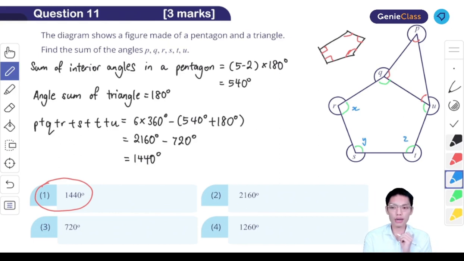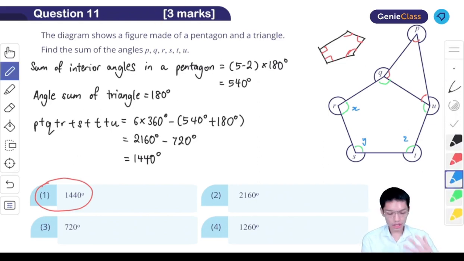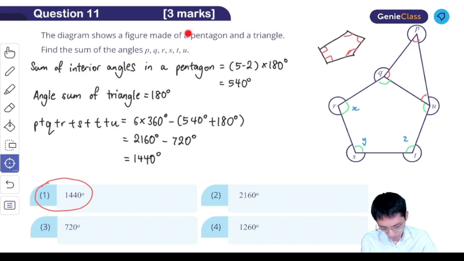Sure, you can do it, but you realize your working may not be worth 3 marks. So that's where you have to branch out and see what certain things I can do to efficiently do my working based on the amount of marks that is given here.